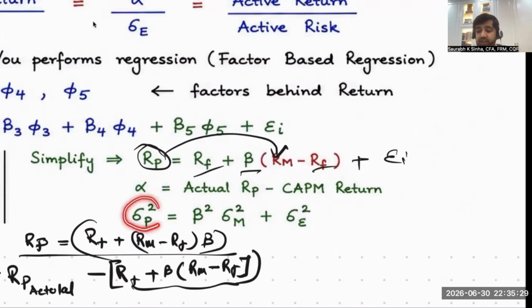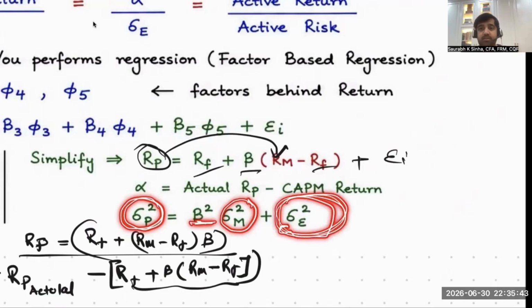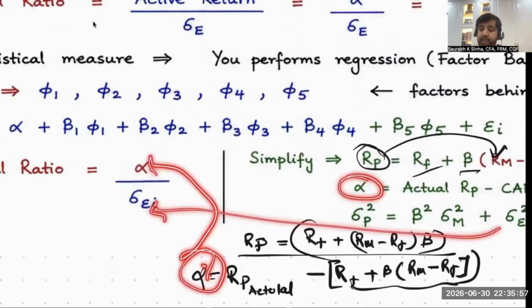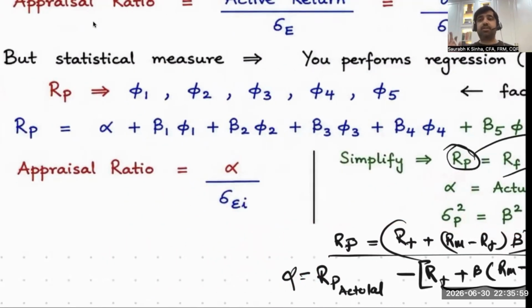The standard deviation of the portfolio return can only be explained by the standard deviation of the market into beta plus the standard deviation of the error term. This is your active risk, and this is your active return, which you put into the formula of the appraisal ratio. That is the appraisal ratio.